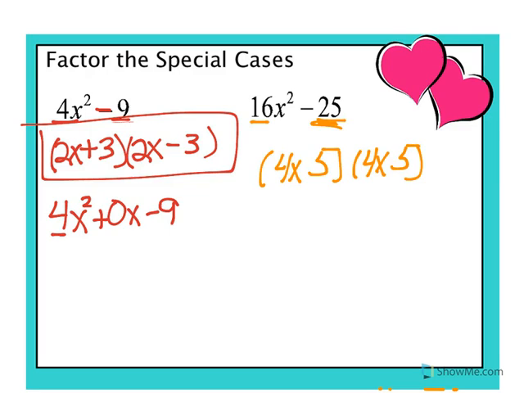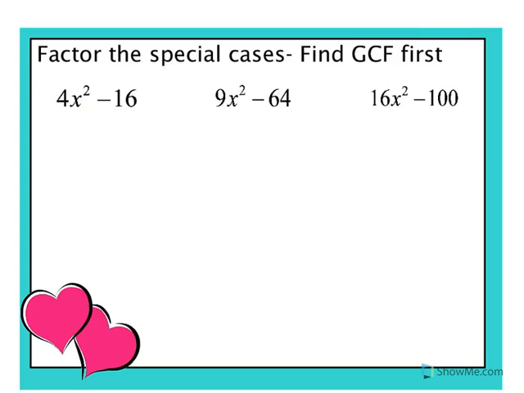Well, in order for there to be no term in the middle, one has to be positive, one has to be negative. So what you have to recognize is if there's only two terms, they're being subtracted and they're perfect squares. Factoring is super, super easy. So let's take a moment, look at these three. See if you can write down the problems, factor them, and then unpause the video to check yourself.